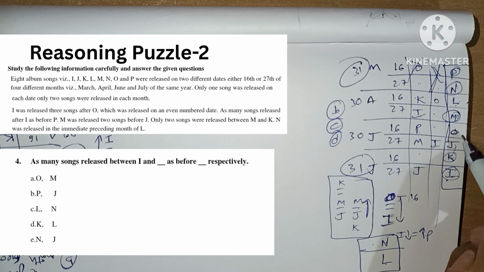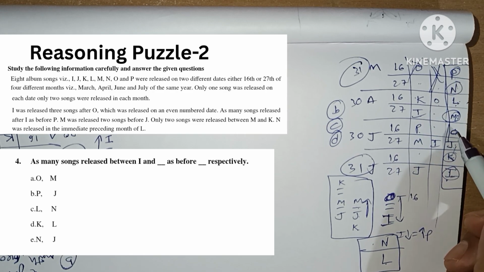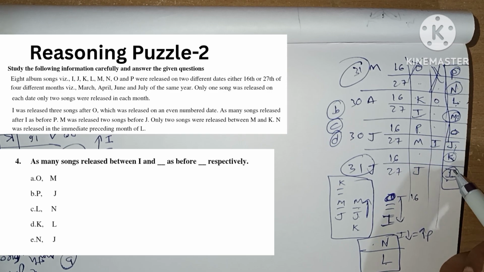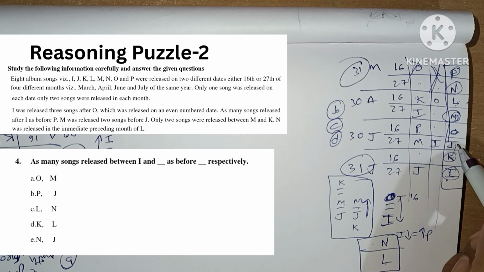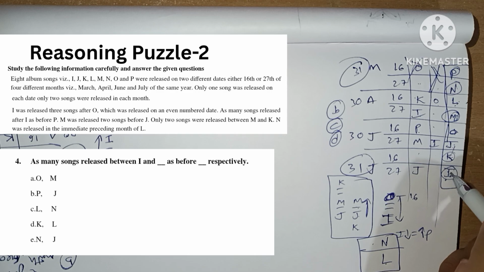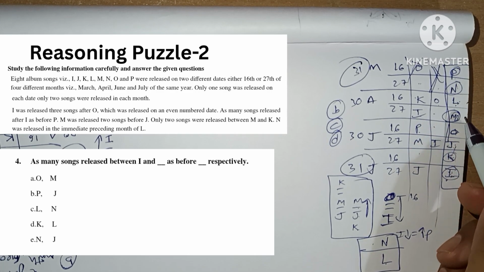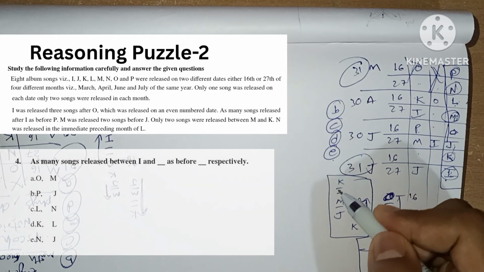Before J, 1, 2, 3, 4, 5. No. I and L, 1, 2, 3, 4. Before N, 1. No. I and K, there are no persons. Before L, there are 2 persons. No, it is not possible. So only option E is left. So the answer is option E.